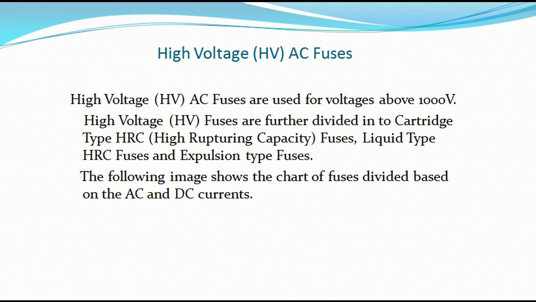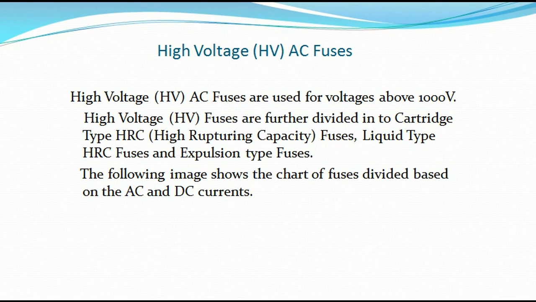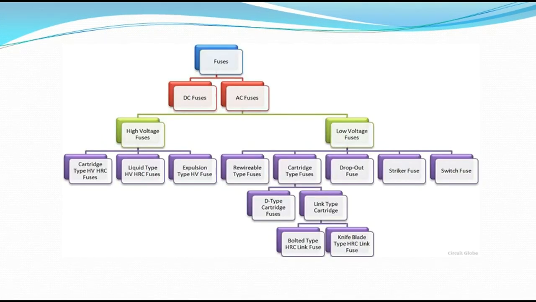So let's go straight to see the chart of how fuse is divided. These are the fuse: DC fuse and AC fuse. In the same area, we have AC fuse, which I have already discussed before: high voltage fuse and low voltage fuse.